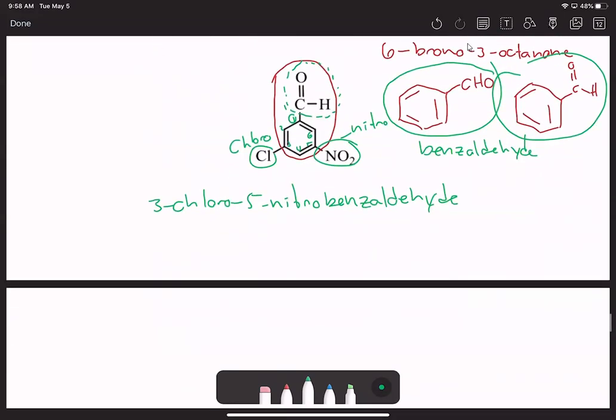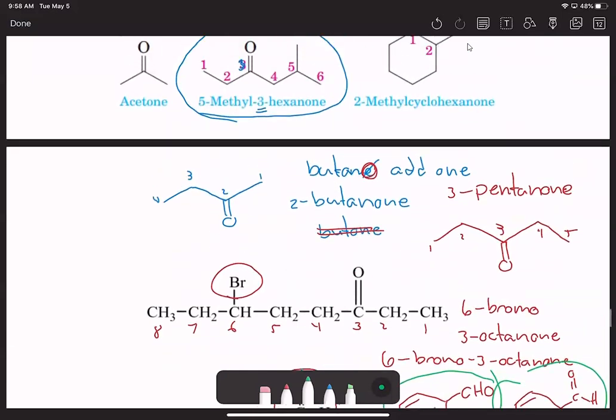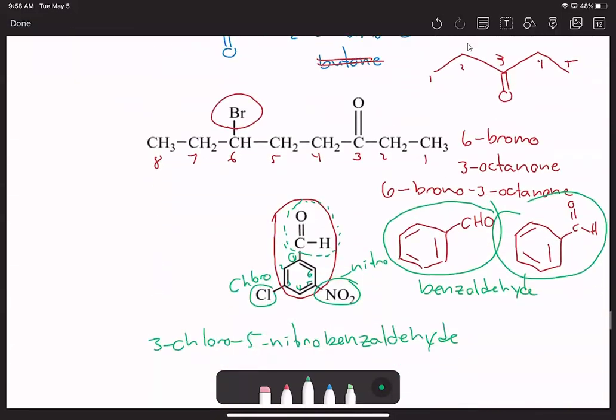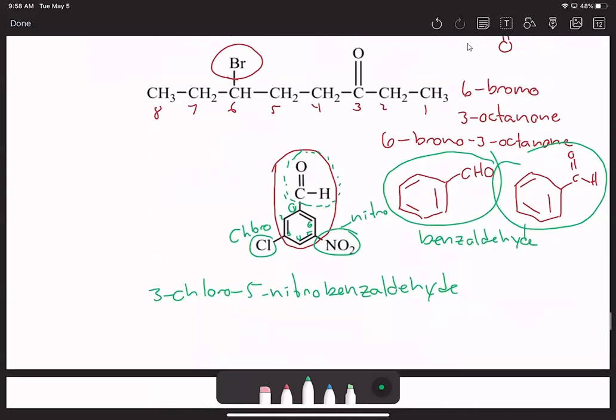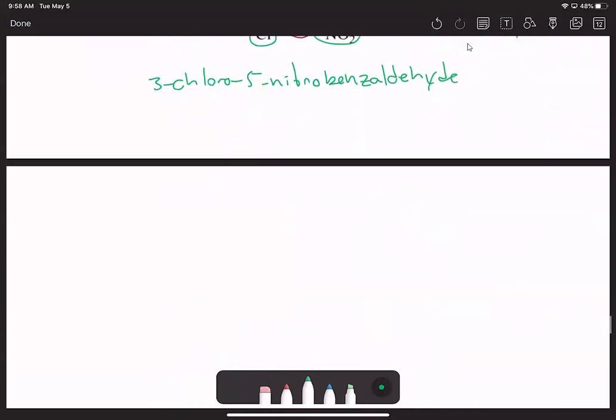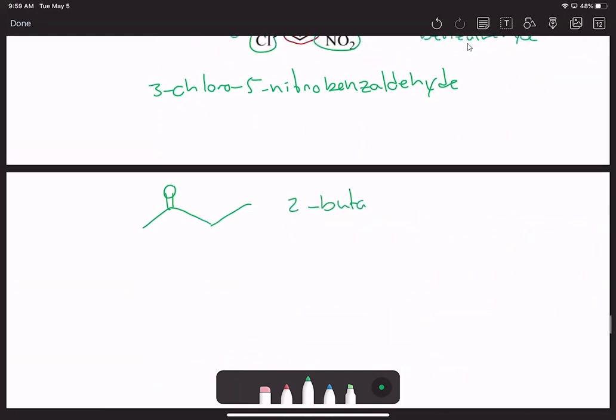So as far as ketones go, this is what we're going to consider. Let me redraw it here. I'm not going to make it huge.